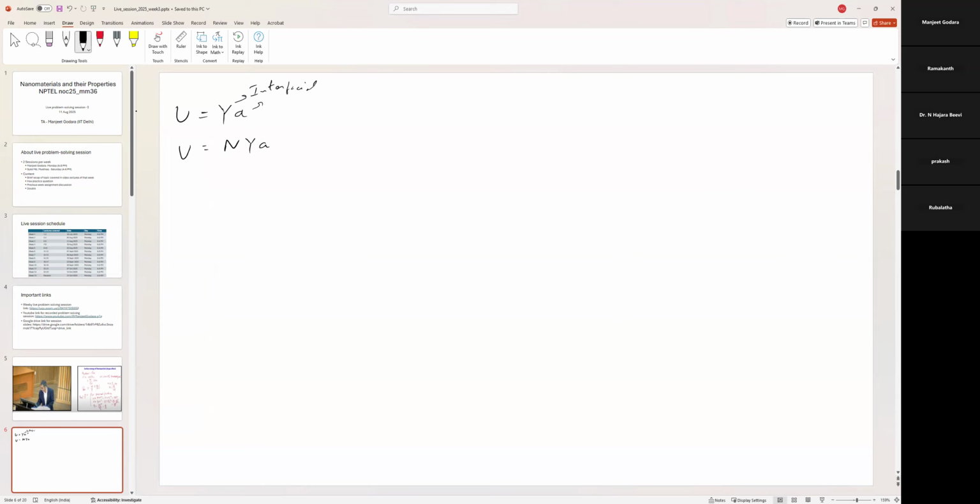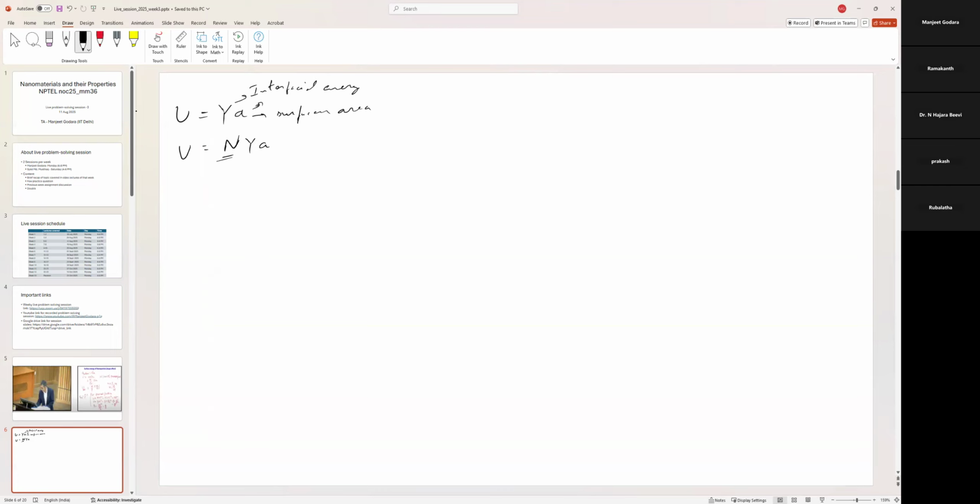Interfacial energy is per unit surface area. So if you break a surface, suppose you get n number of bonds broken.